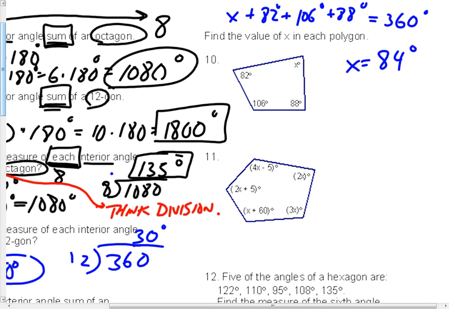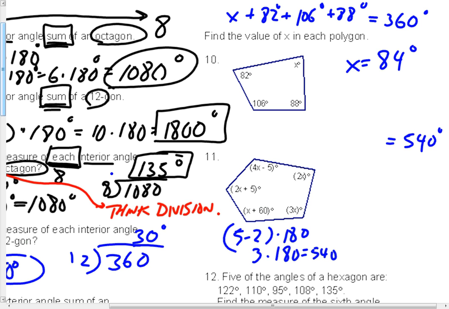Number 11 is not a quadrilateral. What is it? Pentagon. So first, I need a total, like I had up here. What is 5 minus 2 times 180? 540? Just like up here, I have a new total.